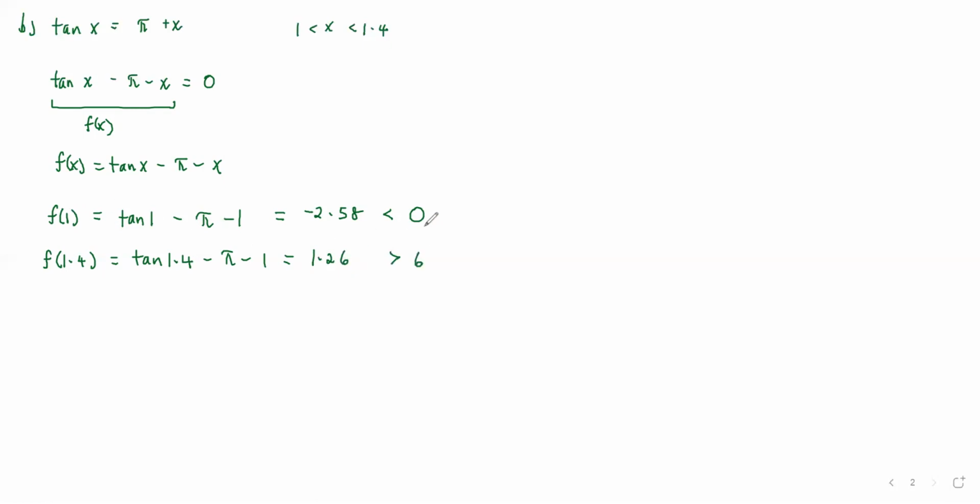So f at 1 is negative, f at 1.4 is positive, meaning that f of x must have a 0 between 1 and 1.4.